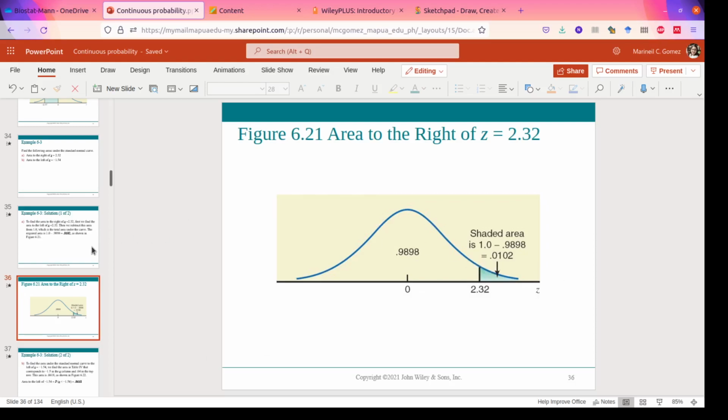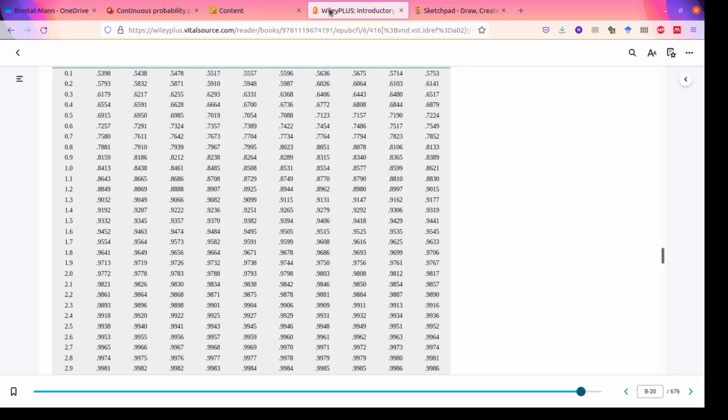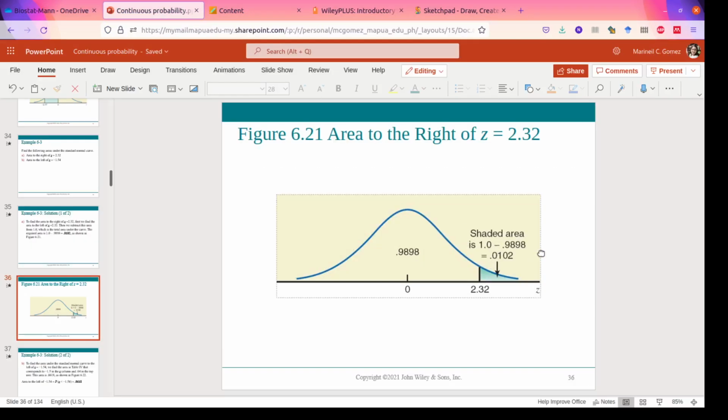Now, our table gives us values to the left, but we want what is on the right. So we'll just subtract it from the total region under the curve, which is 1.0. So 1.0 minus 0.988 is 0.012. So we just remove the areas to the left of this one.